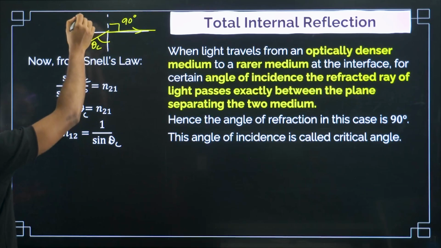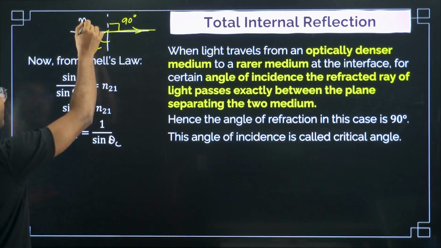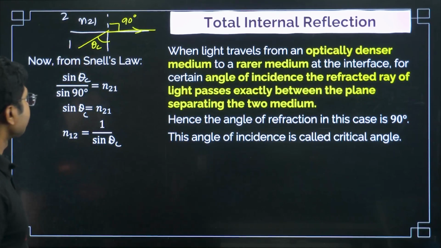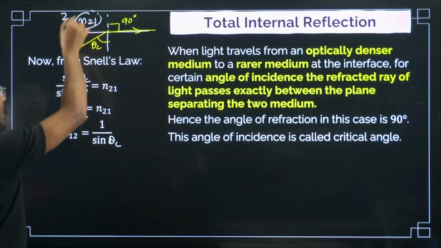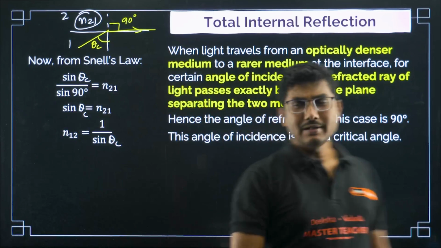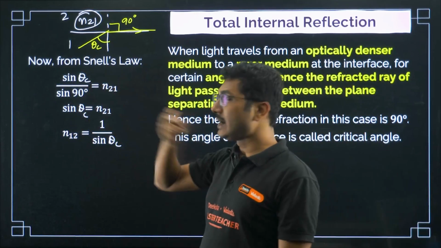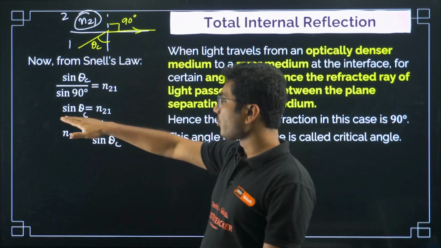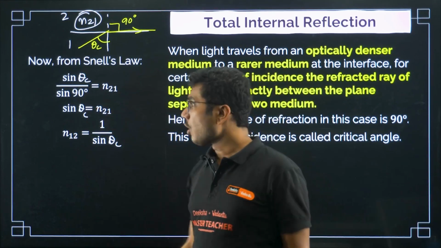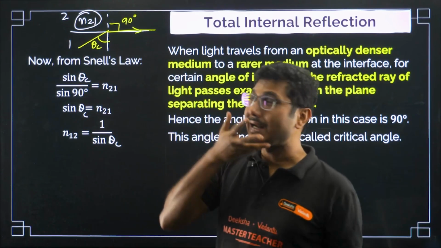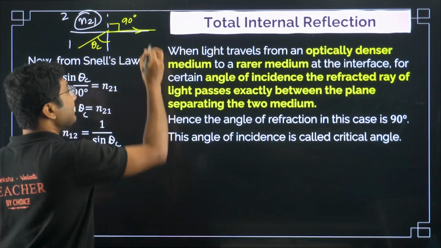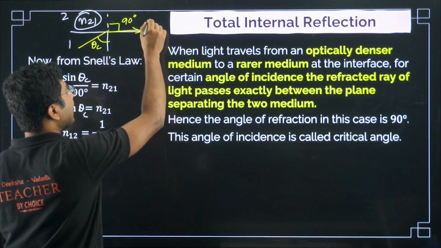This is medium 1, this is medium 2. The refractive index of the rarer medium is given by Snell's law, sin I by sin R. Now sin 90 is 1, so sin theta c is n21. But here you have to remember that the first medium is denser, the second medium is rarer.